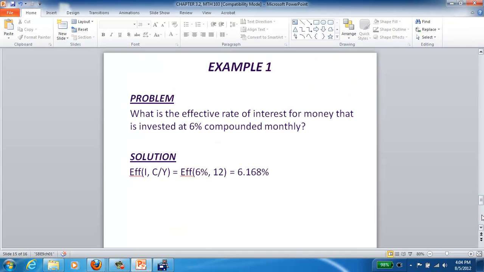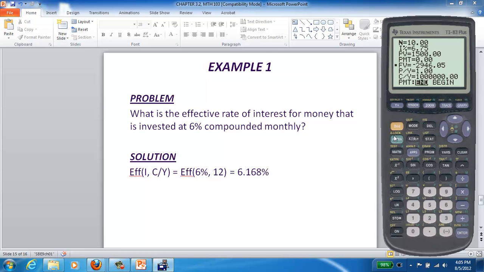Let's see this example. What is the effective rate of interest for money that is invested at 6% compounded monthly? So let's go to the graphing calculator. We have to quit from where we are, second mode to quit, applications, finance, click enter.